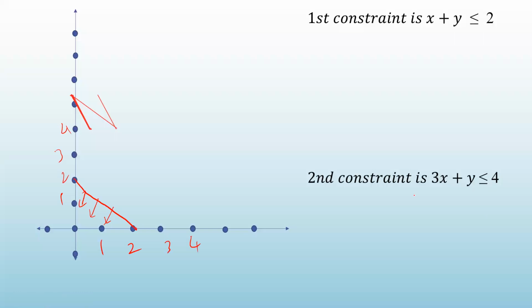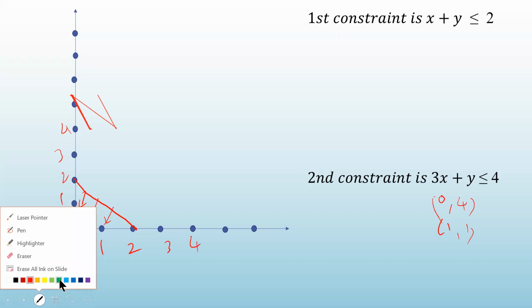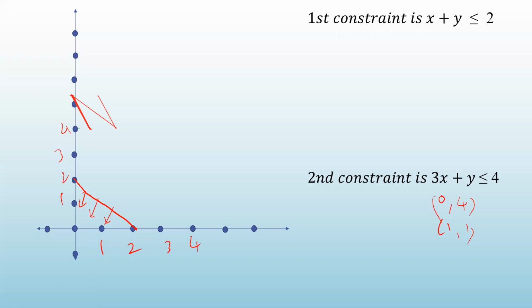So the first point was, when you put x as 0, y is 4. (0, 4) and (1, 1), correct? Use a different color. So (0, 4) means this point and (1, 1) is this point, correct? So that was the point, okay?